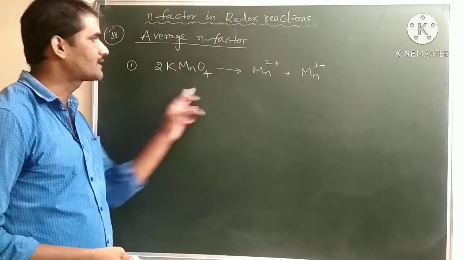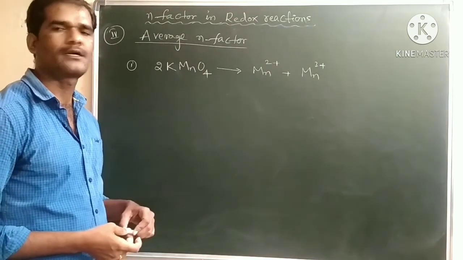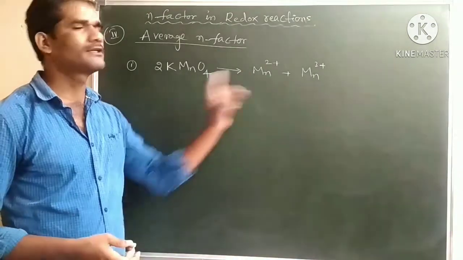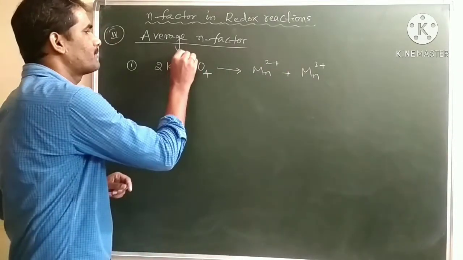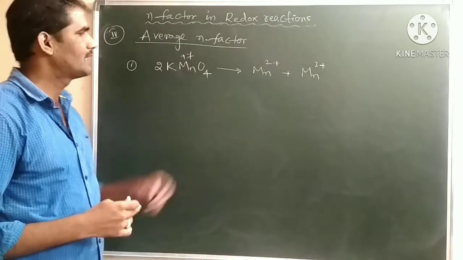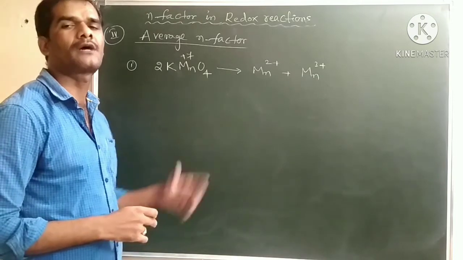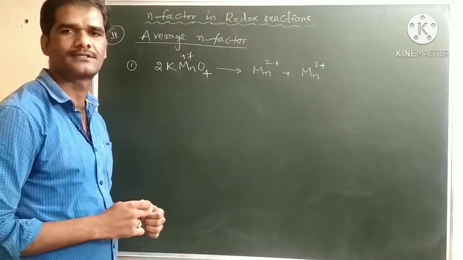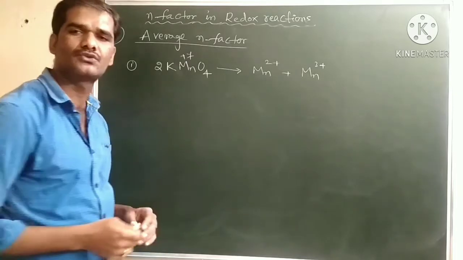Then what is the N factor for this KMnO4? Here you cannot take either +7 to +2 or +7 to +3. +7 to +2 gives 5 N factor. If you take +7 to +3, it gives 4 N factor. We cannot take either one of them. Then what is the actual N factor? We have to take the average of these two N factors.